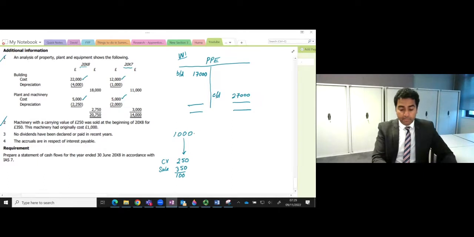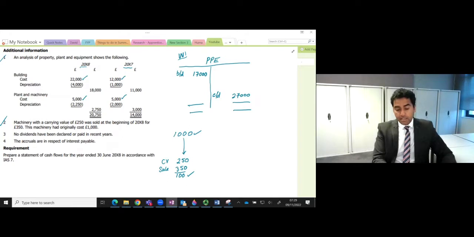But actually, if I compare it with the 1,000, we have not made any profit. We have actually made a loss. So therefore, this £100 is a notional gain, or you can say it's an artificial gain, which I will be recording in the format, because we have made an artificial gain of £100 from the disposal of machinery.